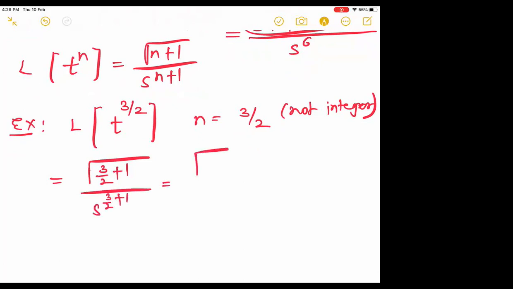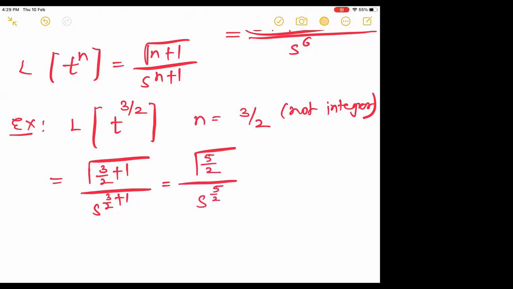What is 3 by 2 plus 1? How much 3 by 2 plus 1 means? 5 by 2. 5 by 2 upon s raised to 5 by 2. Correct?